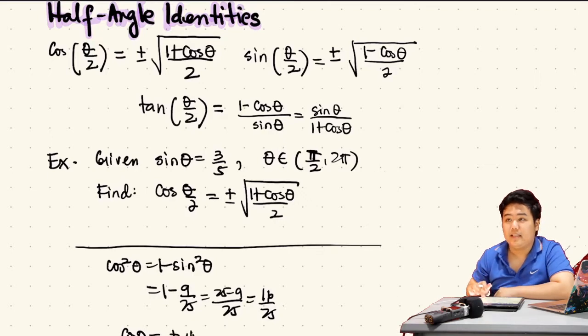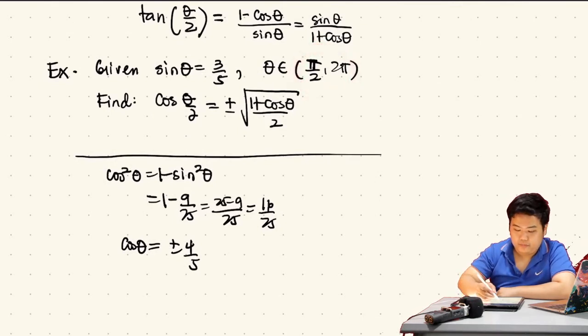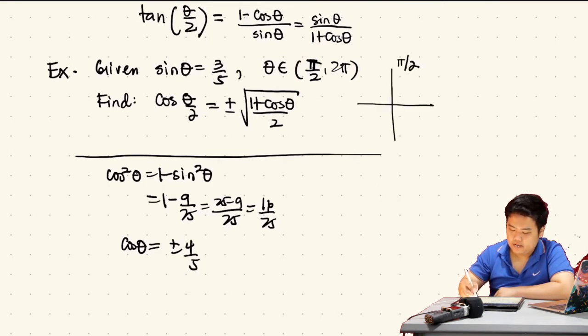So, nasaan ba si theta? Theta is from pi over 2 to 2 pi. This is pi over 2. This is 2 pi. So, ganun yun. Okay, so sine is positive.